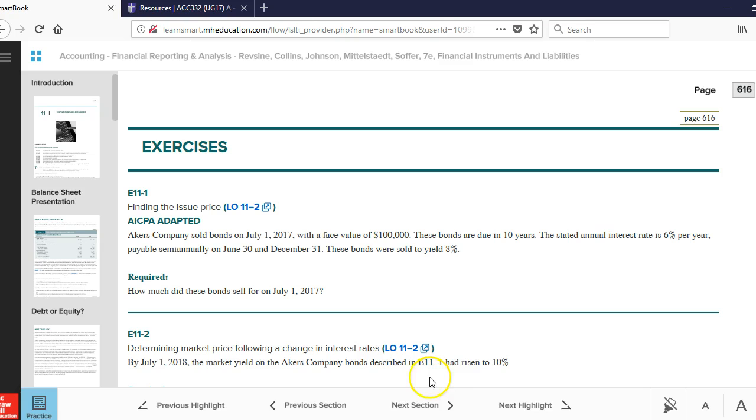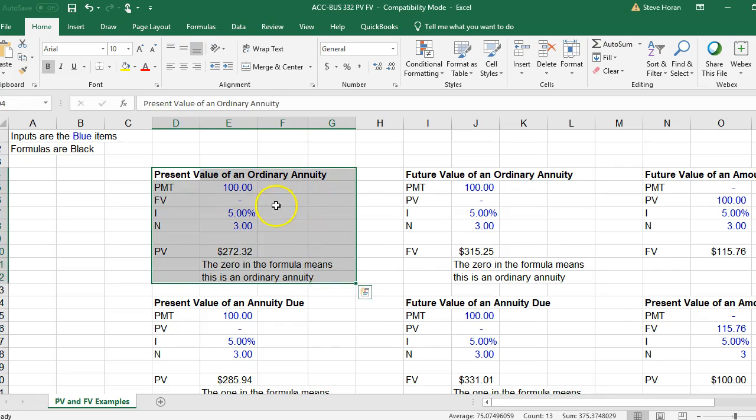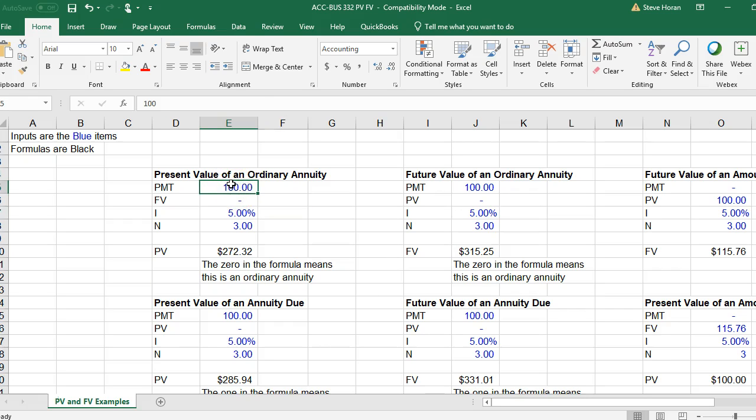Okay. So I'm going to go back to Excel, and we'll complete this section right here, the present value of an ordinary annuity, because that's what bonds are. There's several sections to complete on this file. So the payment deals with the cash paid for interest. The face value of the bond, basically what it matures for in 10 years, is $100,000.